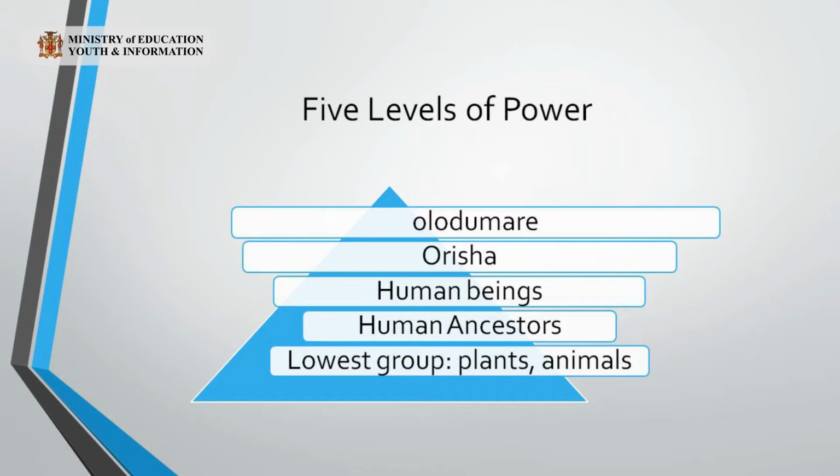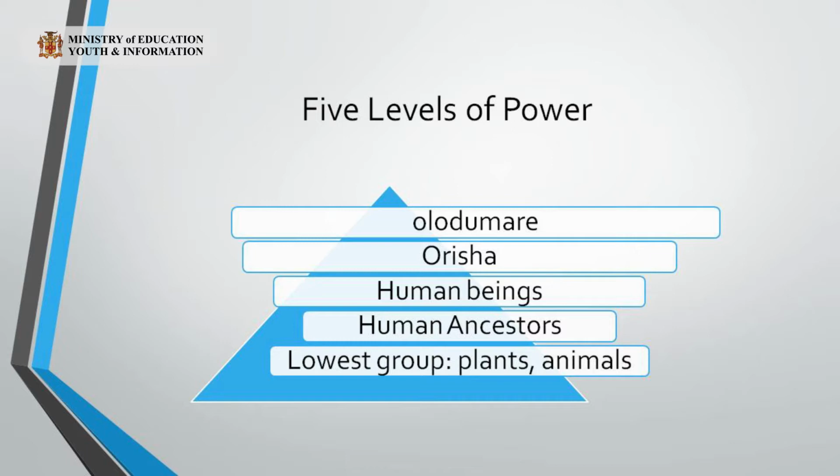The first one is that this religion believes that there are 5 levels of power, and these are hierarchical. Now, who do you think is at the top of this hierarchy? Of course, in a religion, there are belief systems, and the devotees believe in a power or a god.